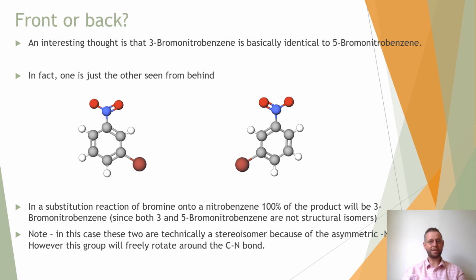It means that whenever we do a substitution like this on an activated ring, we tend to get an equal amount of things in positions 2 and 6 and 4. But because positions 2 and 6 are the same, we tend to therefore get a ratio of products with an ortho isomer arrangement as being 66% or 66.6% and a 33.3% on the para isomer structure.